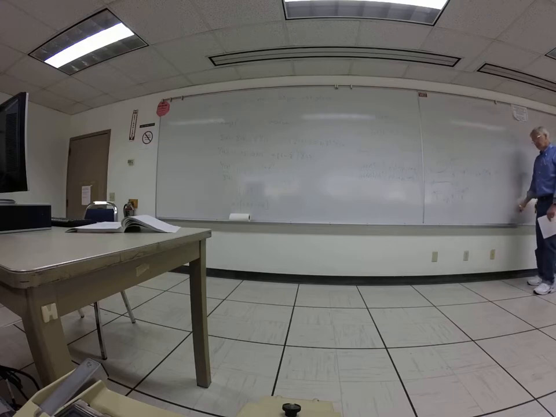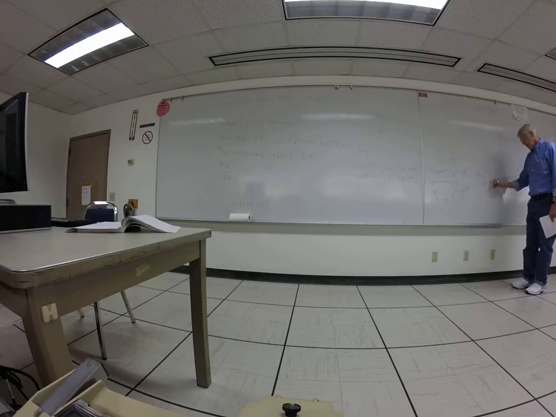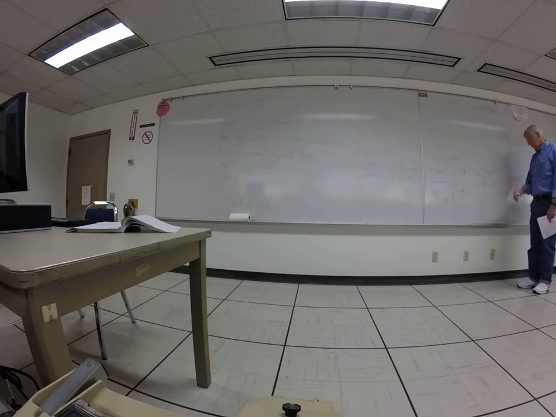So it's only two values. And then you type H is equal to FREQZ B, A, and omega, and just see what it prints out.